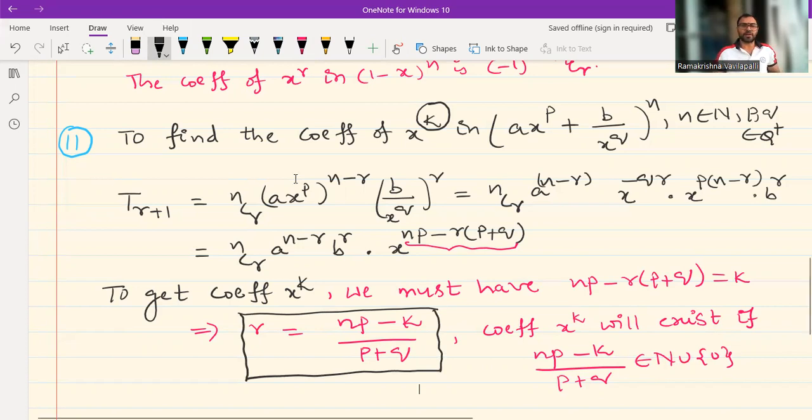Now, how to find the constant term? Constant term means x power 0, the coefficient of x power 0. So for that, k must be equal to 0.